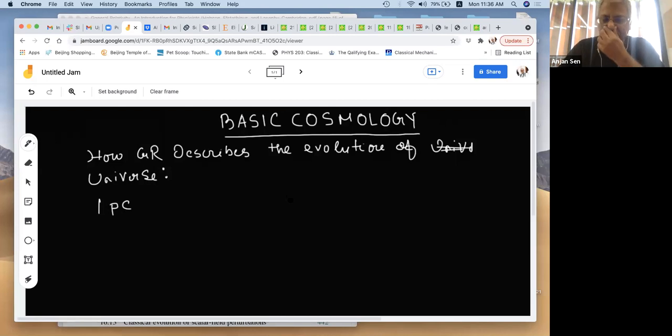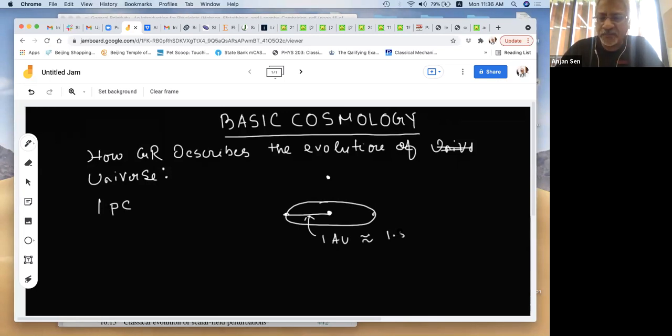Let's say you have the sun at the center and the earth is moving around the sun, and it takes a year to go around the sun. This distance between the earth and sun is around 1 astronomical unit, and 1 astronomical unit is roughly 1.5 times 10 to the power 11 meters.